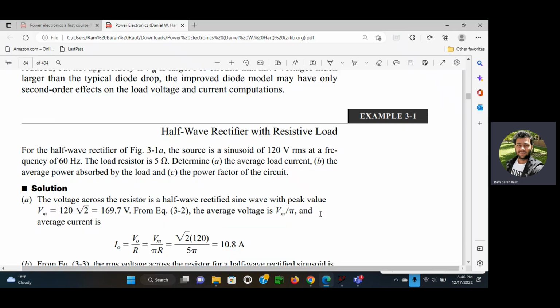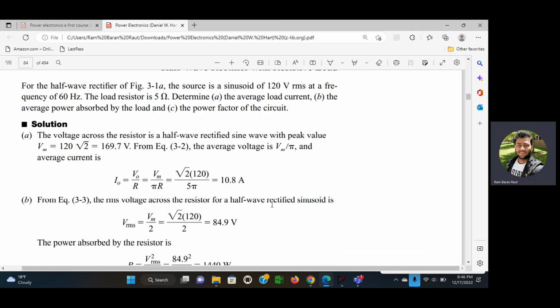Let me show you the theory over here. The voltage across the resistor is a half-wave rectified sine wave with peak value 169.7 volt. The average voltage is Vm, the peak voltage, divided by pi.